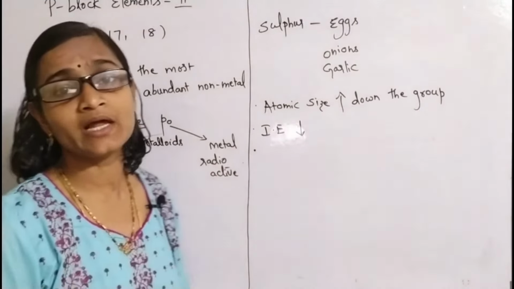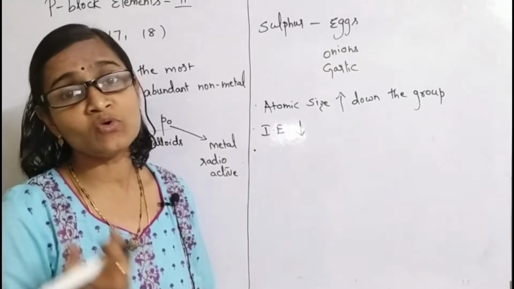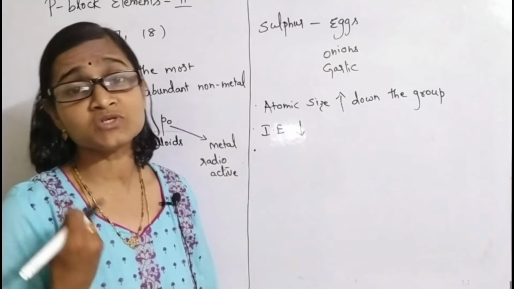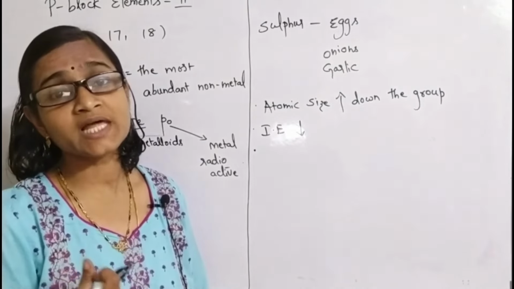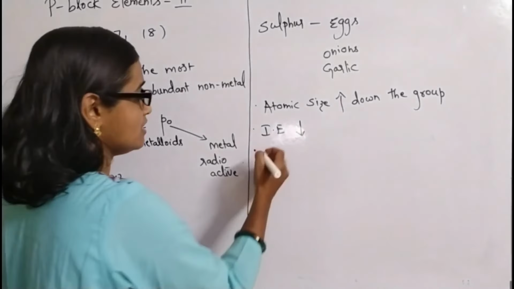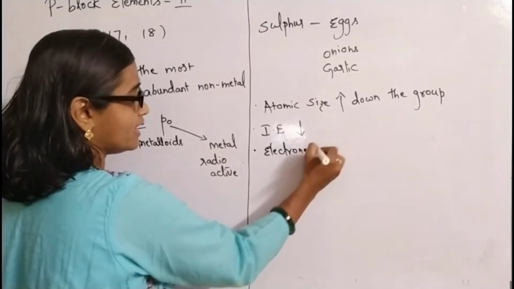And if you speak about electronegativity, okay, oxygen is the second most electronegative element. The first most electronegative element is fluorine. Next to fluorine, the most electronegative element is what? Oxygen. Okay, so electronegativity decreases down the group.